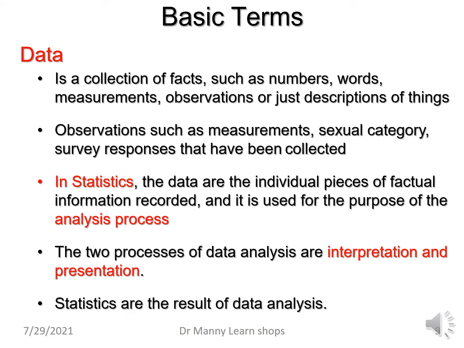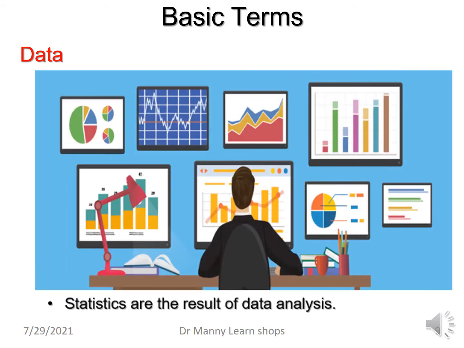In statistics, data are the individual pieces of factual information recorded, and it's used for the purpose of analysis, the process of analysis. The two processes for data collection are interpretation and presentation. And statistics is essentially the result of data analysis.